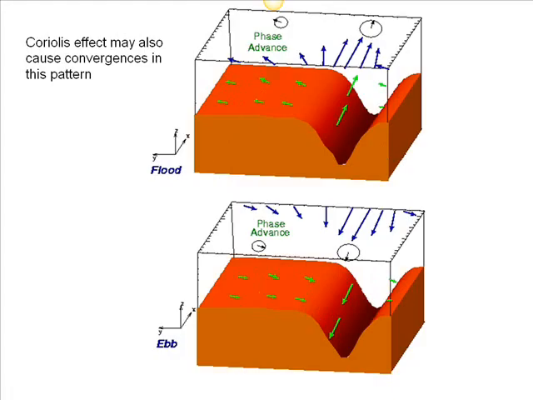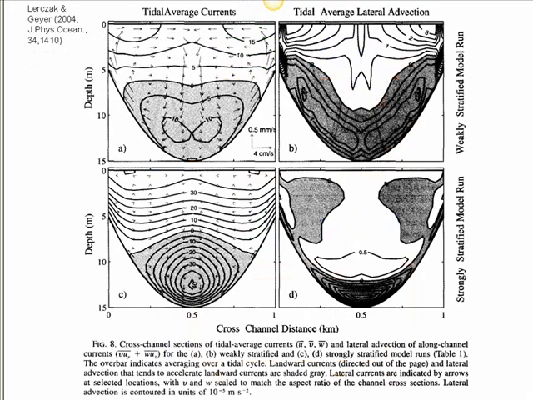That mechanism of differential advection of the density field by the laterally sheared tidal flow has been used in this paper by Lerczak and Geyer in 2004 to propose that the nonlinear term in the momentum equation, the V du/dy, the term associated with the lateral shear, will cause an order 1 dynamical effect on the estuary. So, in other words, the framework of pressure gradient balanced by friction will be altered. We will need to include the effects from the lateral shear in the flow.